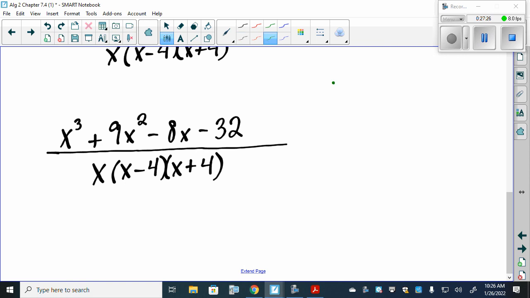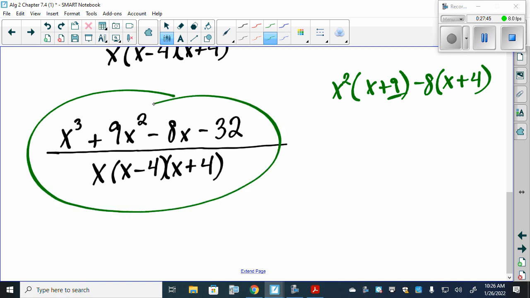So I'll write this out to the side: we would have x plus 9, and then negative 8 times x plus 4. Well, because of that being a 9, we can't actually combine them. So this here would be the final answer. Now, if it actually worked out to have been plus 4x squared, we could have actually done something with it. But unfortunately, we're not able to.